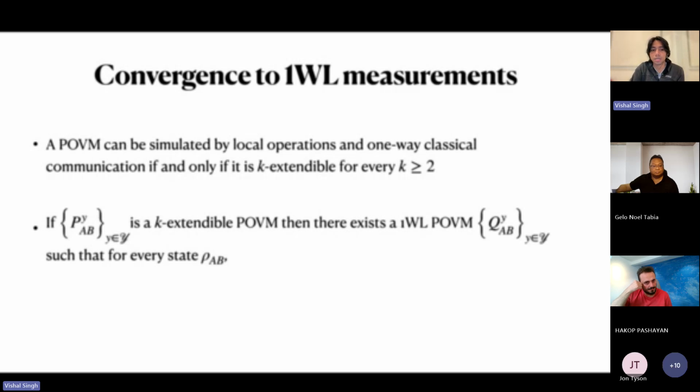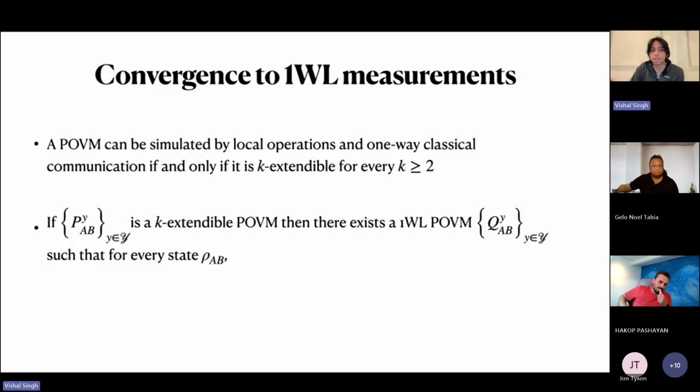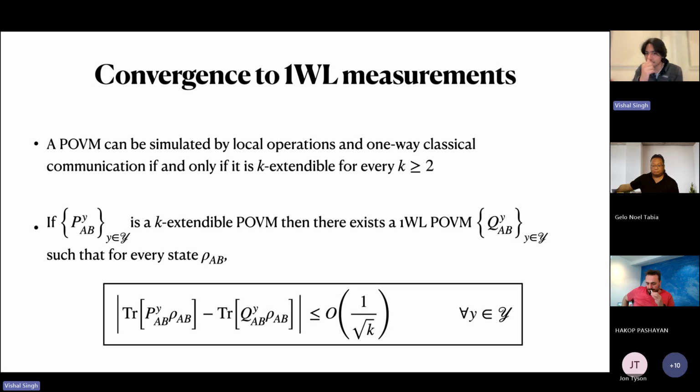And what it implies is that if you have a POVM P_Y, then there exists a one-way LOCC POVM Q_Y such that this condition holds. So you see that the probability distributions are very close and they converge at the rate of 1 over square root of k.